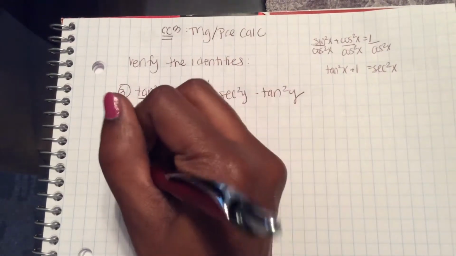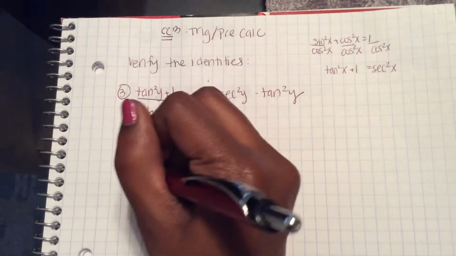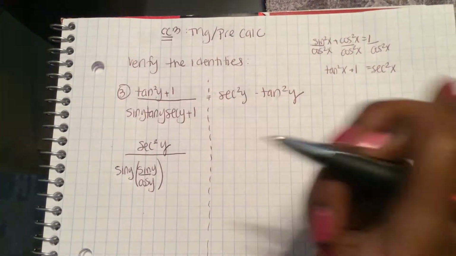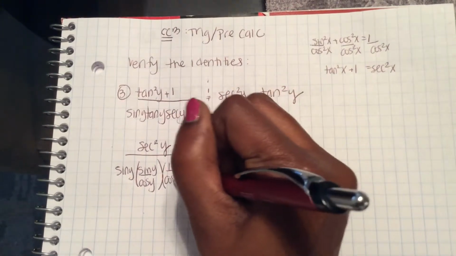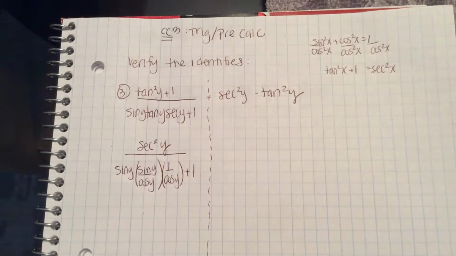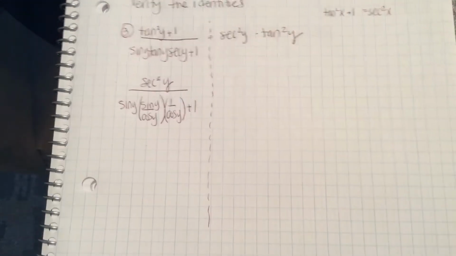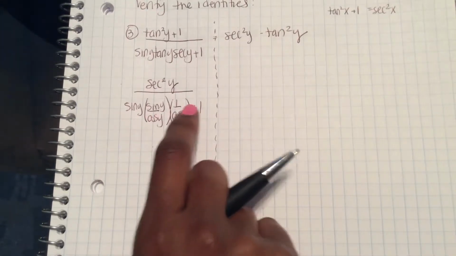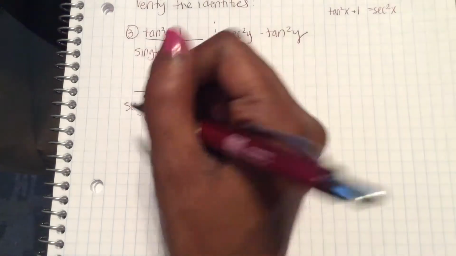Now sine is sine y, tangent is sine y over cosine y, and secant is 1 over cosine plus 1. So what I see here is now I have sine squared over cosine squared plus 1.